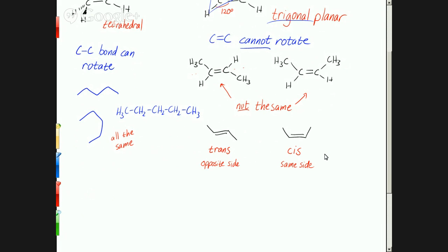So we can look at alkenes at these double bonds and determine whether it's the trans isomer or the cis isomer based on what side they're on.